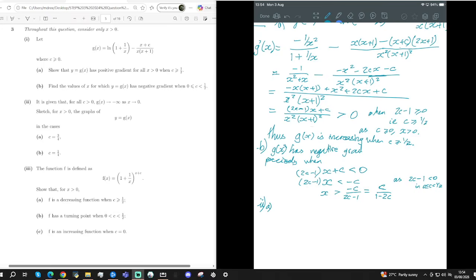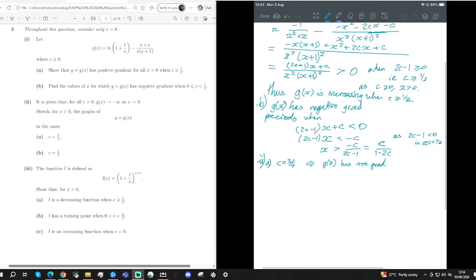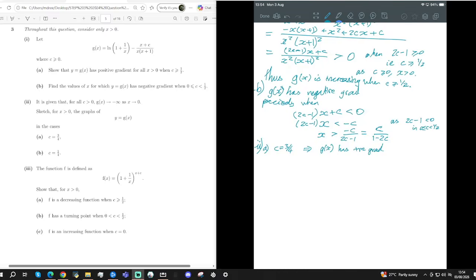So in part A, we have c being 3/4, which means from part 1, g of x has positive gradient. So g of x is going to be increasing at all times. Well, we know when x is close to 0, g of x is close to negative infinity. So we've got the y-axis here being an asymptote.